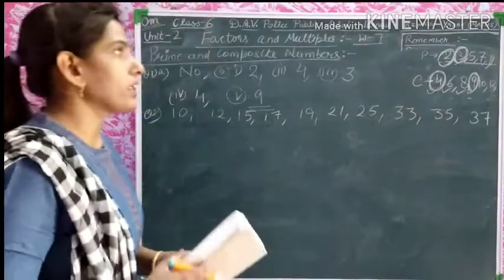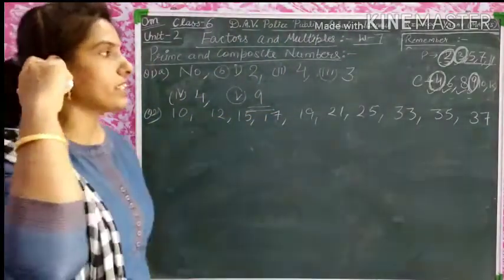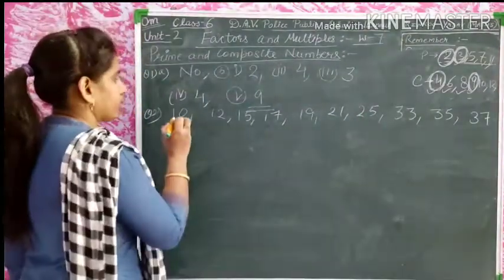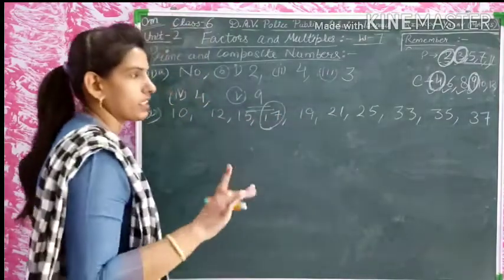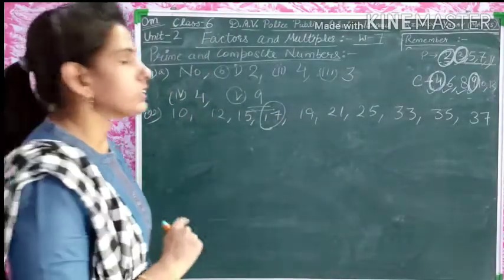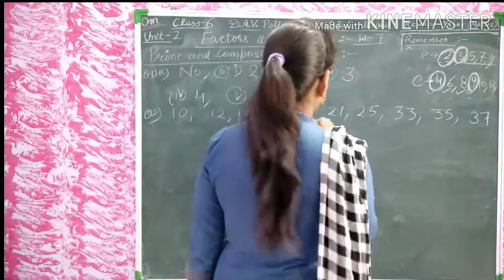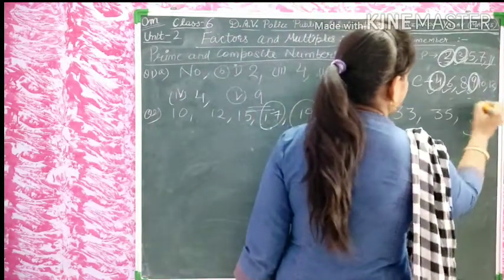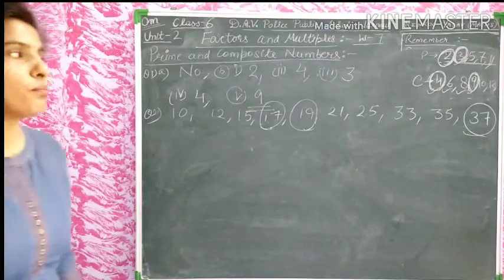First, tell me the numbers which have no factors other than 1 and itself. 17 is divided only by 1 and 17. 17 is not in any table. 19 is also not in any table, and 37 is not in any table. So these numbers are prime numbers.